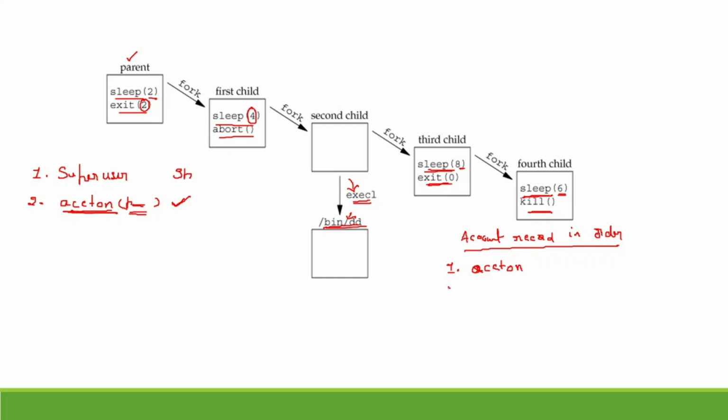Now I will exit the super user after executing this ACCTON. After this is successful, it will be entered in the accounting record. Now I will terminate the super user shell.